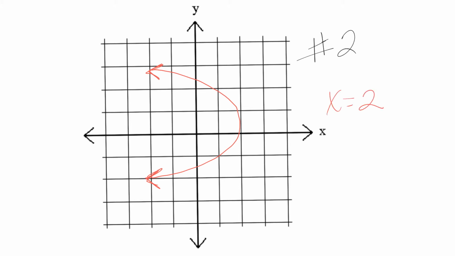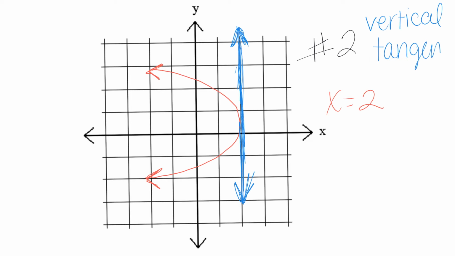If we try and draw our tangent here at x equals 2, we're going to end up with a vertical line. Now, what do we know about the slope of vertical lines? Well, it doesn't exist. So therefore, this is not differentiable because it has no slope. So the reason number 2 that we would not have a derivative is because of a vertical tangent. So there's our second reason.